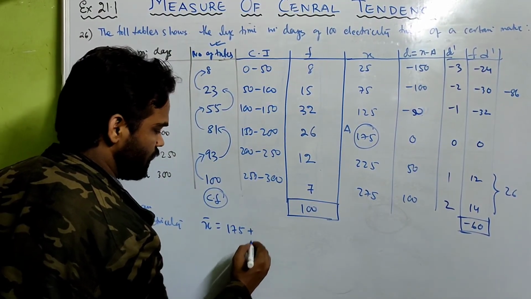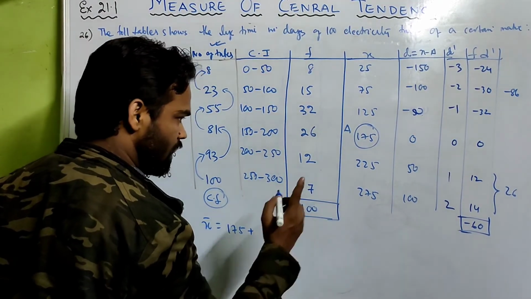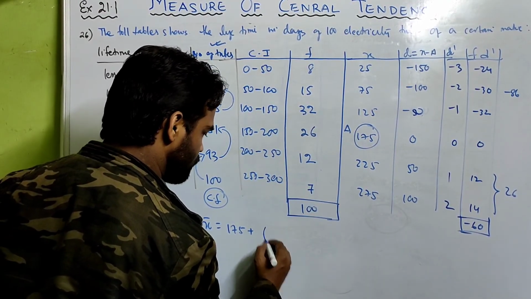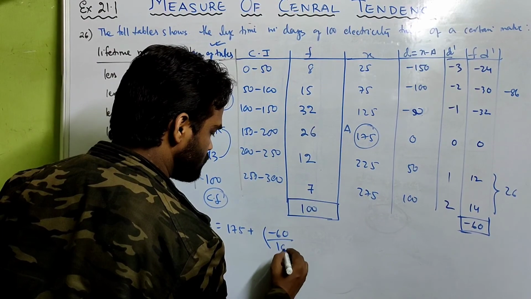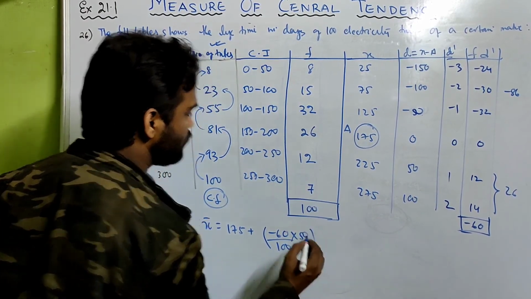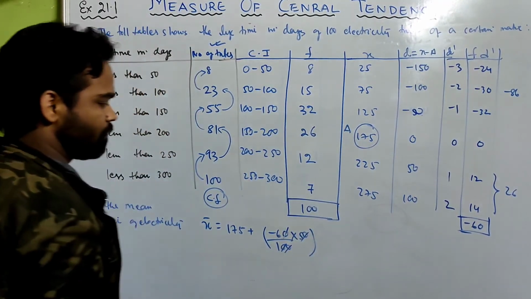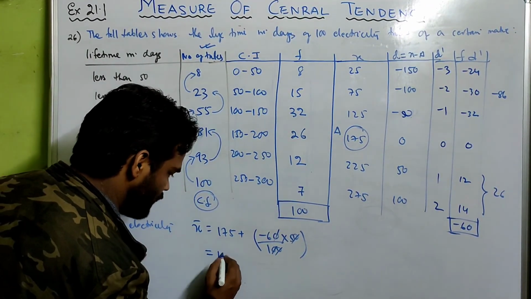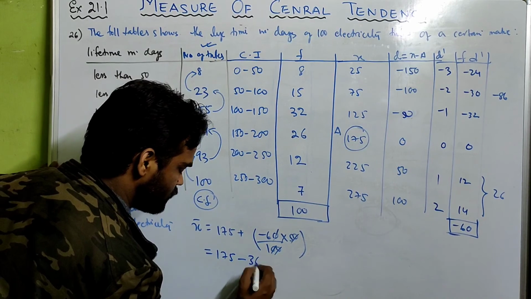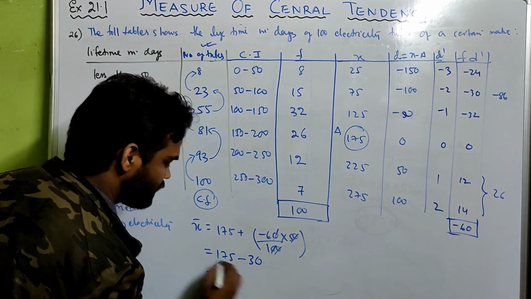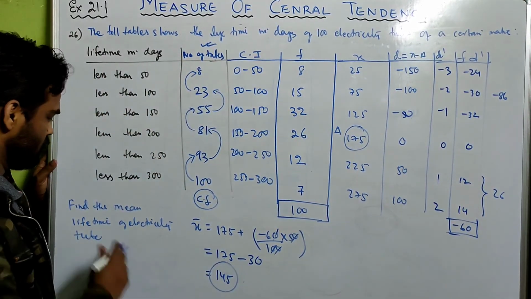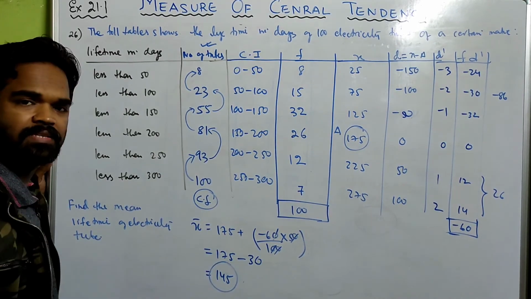A plus sigma f d dash, that's minus 60, by sigma f, into c, that's 50. Now this goes away. Equals 175 minus 30, that's 145. That's your mean. Find the mean lifetime: 145 days.